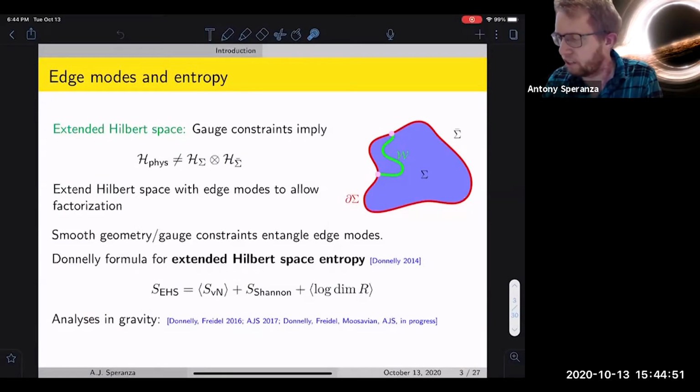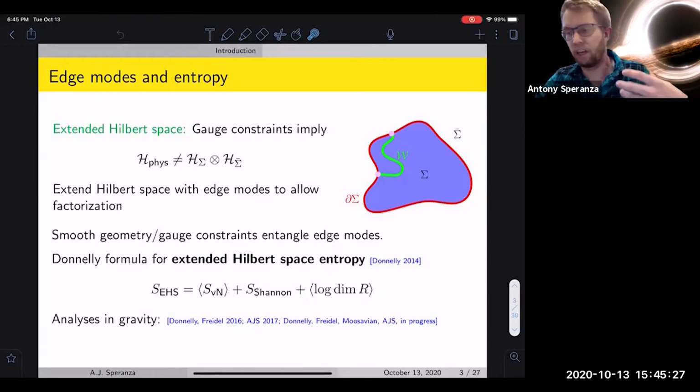In gauge theories, there's this nice formula by Donnelly where if you do this, you can write the entropy as something that looks like a von Neumann entropy associated with each sector with a specific value of these edge charges, plus an extra piece that might look something like the expectation value of an operator. In a gravity theory, this would be basically the expectation value of an area. So it's kind of a conjectural picture, but it's the philosophy I have in mind with these charge algebras.